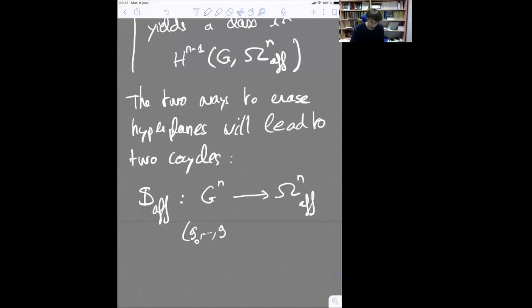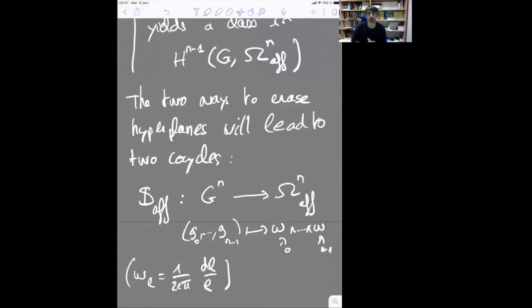You take an n-tuple of elements in G, and then you associate to this a wedge of forms. I should have said somewhere that I will denote omega L the form I mentioned.